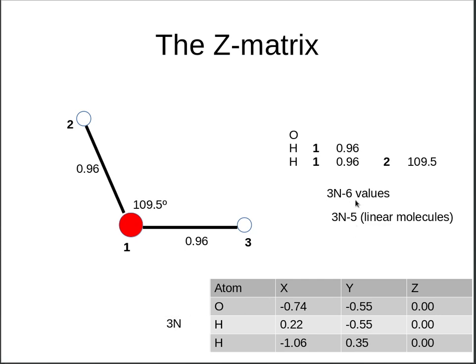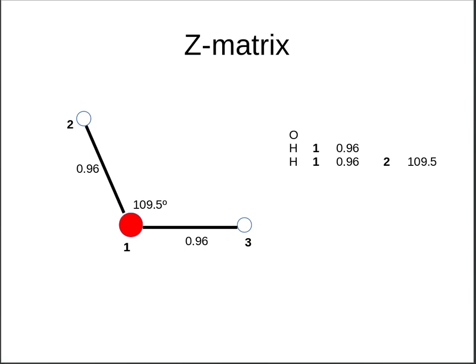It's 3n minus 6. You can see we had 9 here, and 9 minus 6 is 3, so we have only 3 values to work with. With linear molecules, it's slightly more complex, and you have 3n minus 5 values. So the Z-matrix is highly advantageous compared to Cartesian coordinates when you come to do calculations. Building a molecule as a Z-matrix really is very efficient for later on.